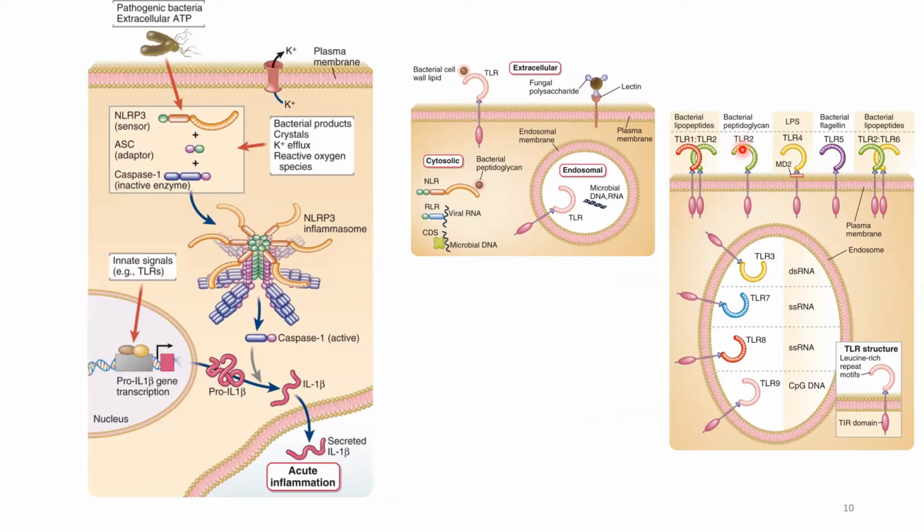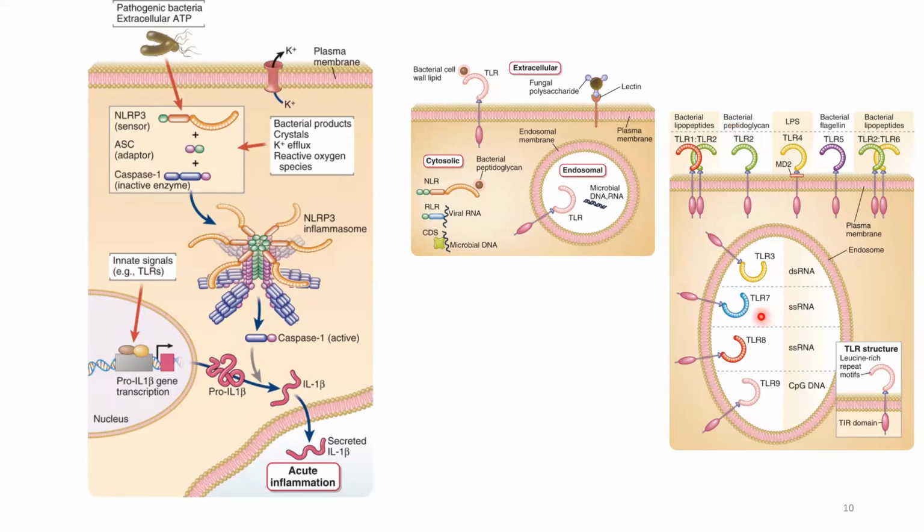Toll-like receptor 2 recognizes peptidoglycan. Toll-like receptor 4 recognizes LPS. Toll-like receptor 5 recognizes flagellin. And if toll-like receptor 2 pairs with toll-like receptor 6, it can recognize bacterial lipopeptide. So this is how our white blood cells recognize bacteria to differentiate that this is a pathogen.